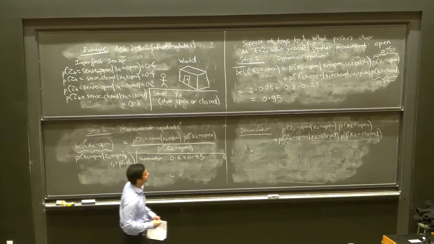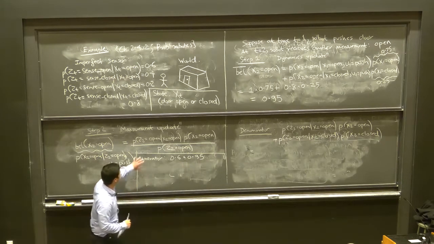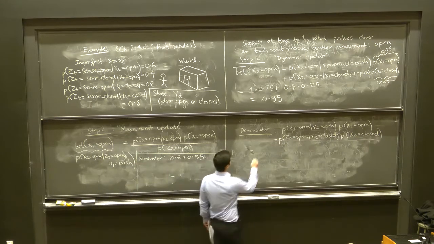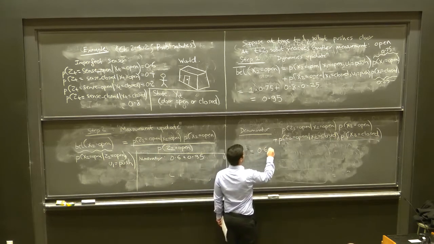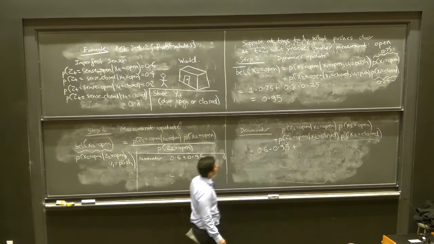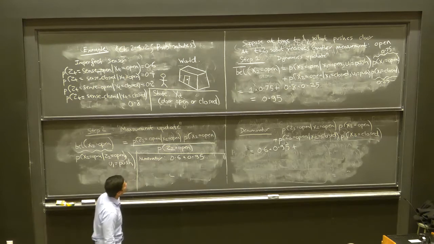So the first term is the same as the numerator, so you're always going to have this. One of the terms in the denominator when you do this expansion is always going to be the same as the numerator. So that's 0.6 times 0.95. And then the second term we can get from our sensor model again.